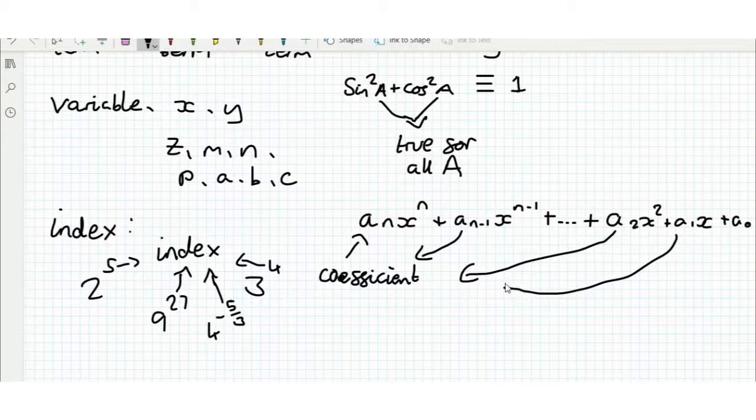And so is a_1, and you'd say a_n's the x^n coefficient, a_(n-1) is the x^(n-1) coefficient, a_2 is the x squared coefficient, a_1 is the x coefficient, etc. And this a_0 on its own, this number, is a constant. Okay, so those are a couple of pretty simple definitions as well.